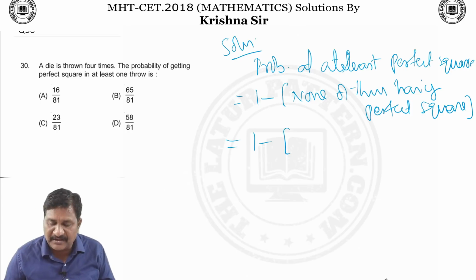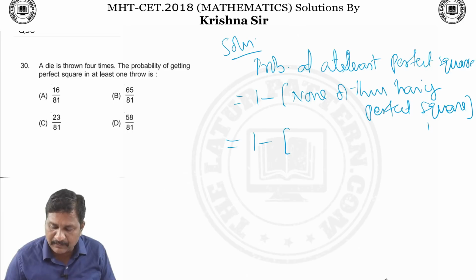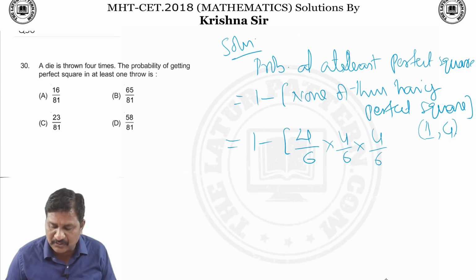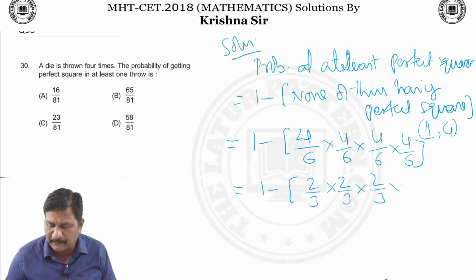On one die, the perfect squares are 4 and 1. If we remove these, the remaining non-perfect squares are 4 out of 6 chances on one throw. On the second throw 4 by 6, on the third throw, and similarly for the fourth throw. So 1 minus, it can be taken as 2 2s are, 2 3s are, similarly for all 4.